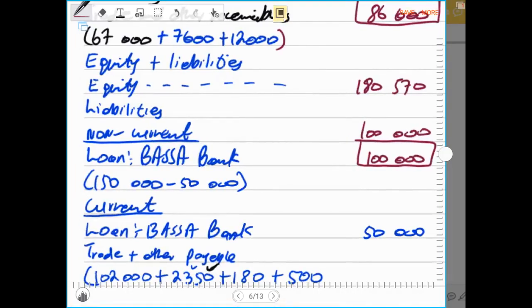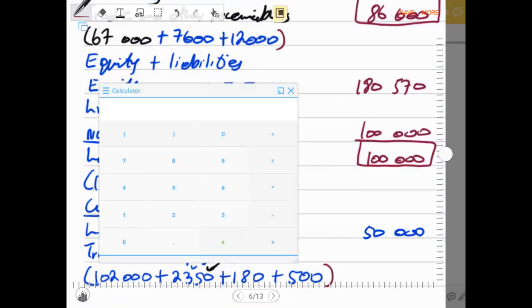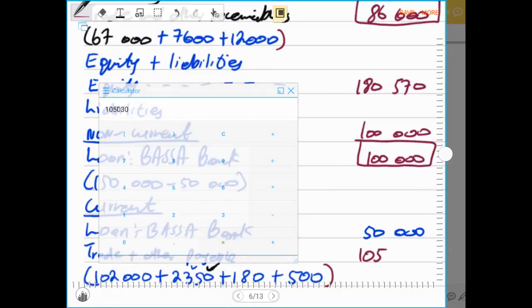And our current liabilities, we still have to adjust for or make additions, where we have to say 102,000 rands plus 2,350 plus 180 plus 500, and that gives us 105,030.